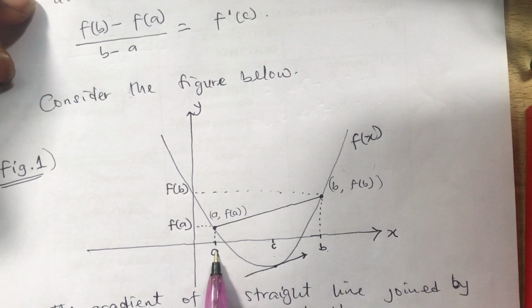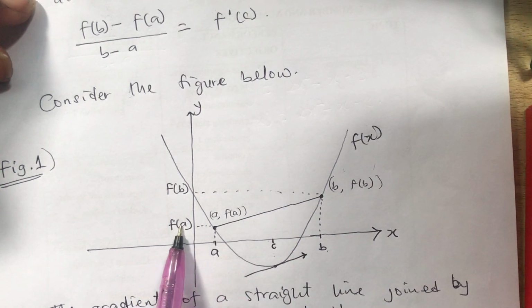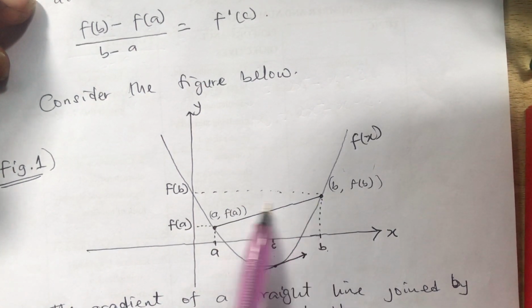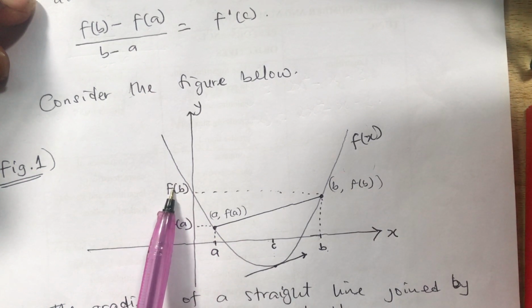At the point x equals a, we are going to have f of a on the y-axis, because we evaluate f of a to know the value on the y-axis. Also, if x equals b, then y will be equal to f of b. So on the y-axis, we are going to have f of b.